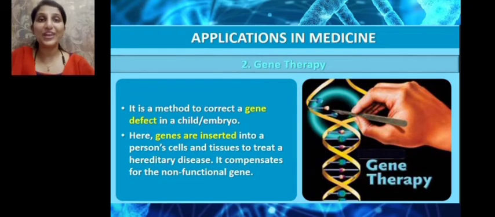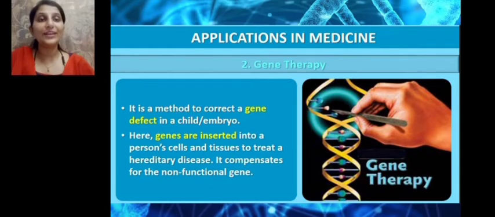Next is gene therapy. It is a method to correct a defective gene, either in a child or an embryo. Here, genes are inserted into a person's cells and tissues to treat a hereditary disease. We know when a particular defect is present in the gene, it is hereditary and can be transferred from the parent to the offspring.